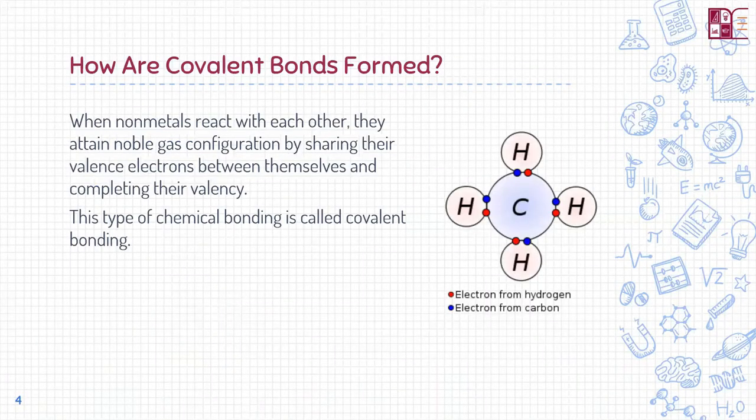So first of all, if I talk about how covalent bonds are formed, it is necessary to understand first that the atoms or elements which are involved in chemical bonding are involved because of attaining a noble gas configuration, which is 8 electrons in their outermost shell.